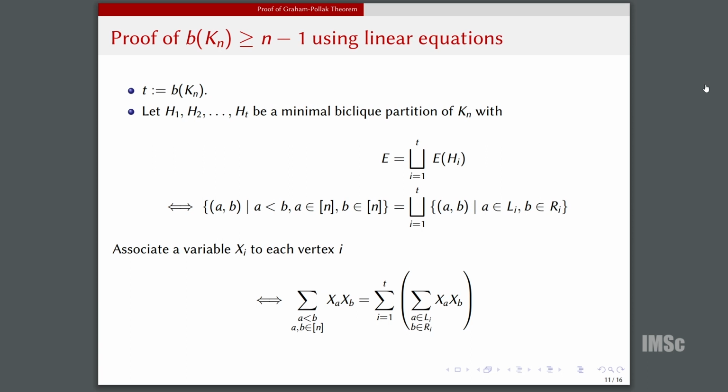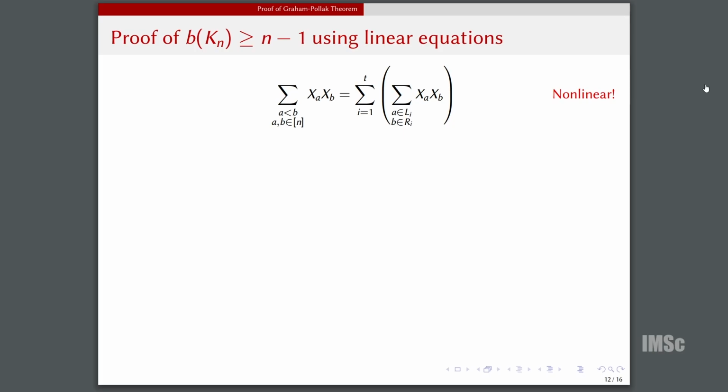On the right side I have a sum over all these biclics, and I am summing over the same thing for that biclic. So this is encoding the information in the equality into polynomials, right. But I mentioned the proof is using linear equations, but this looks non-linear. So we want to extract out some linear equations.